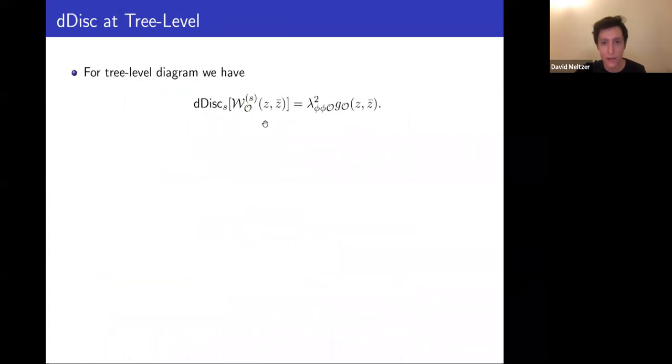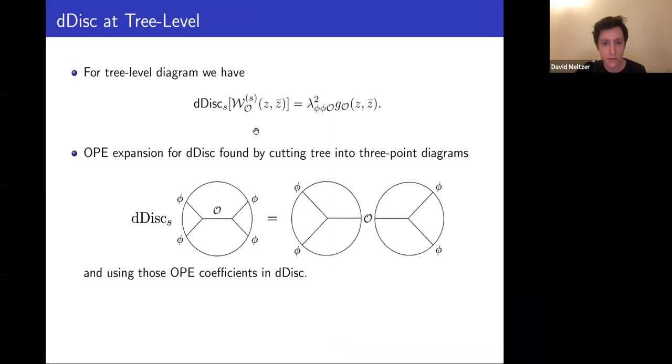So now we have this picture that the d-disk of my exchange diagram is just a single block. And this, I think, is intuitively obvious from the picture of cutting. So I take the d-disk of my exchange diagram, it factorizes in terms of 2 3-point functions.